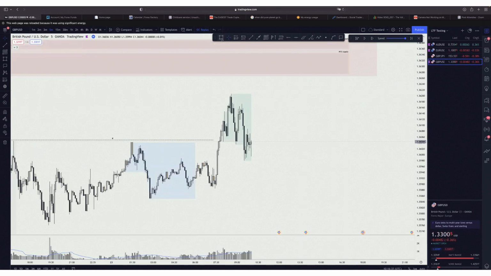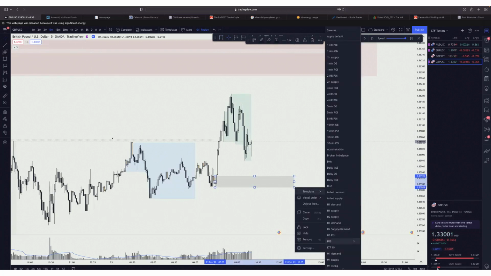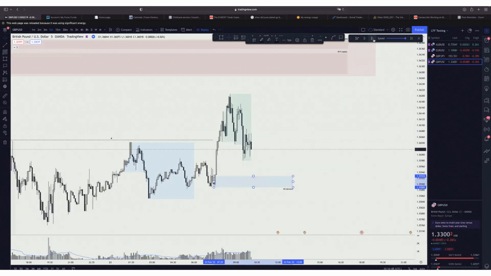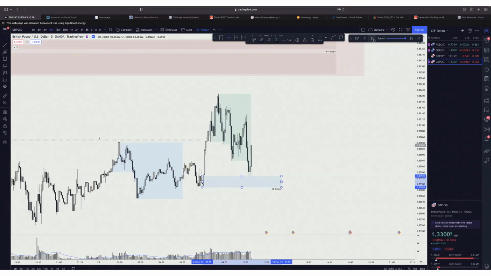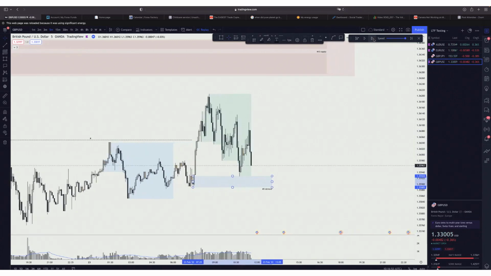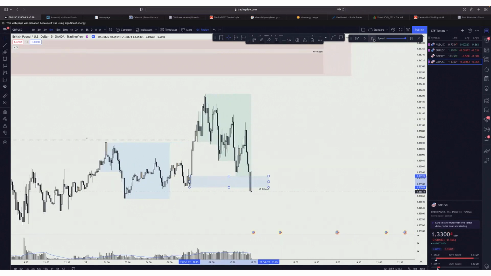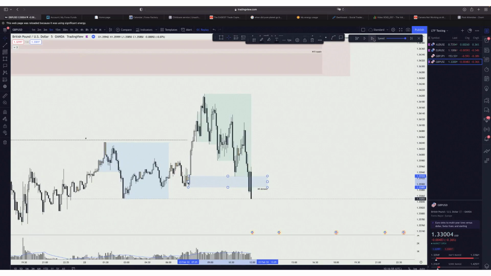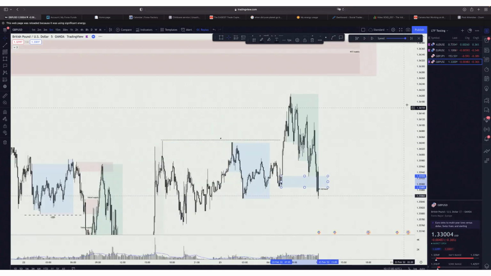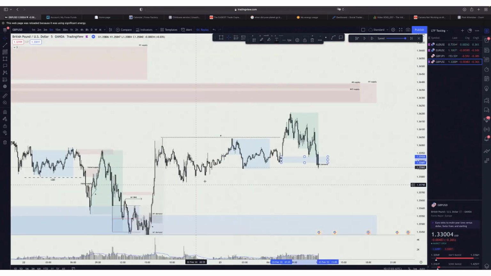So potentially you may come back down first. Yeah, it's taking maybe liquidity from the equal lows. But maybe this is the time we're going to come back down here first. Let's have a look.